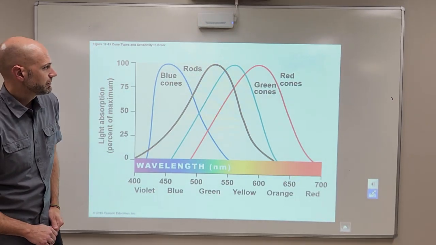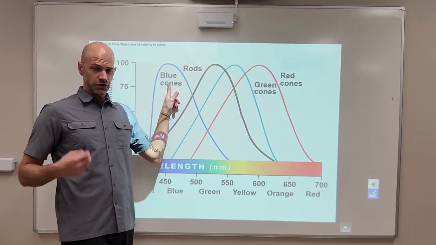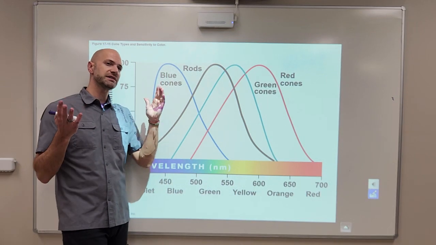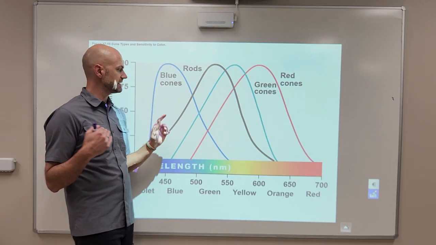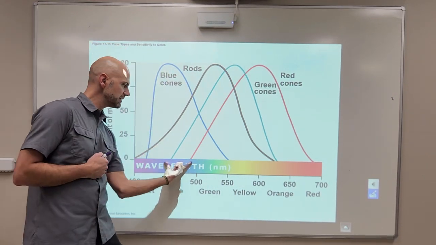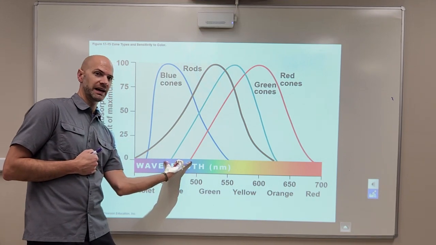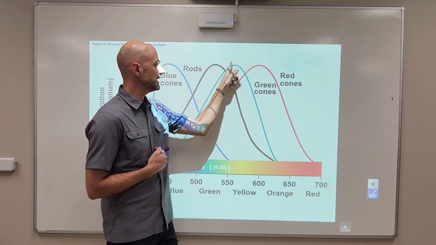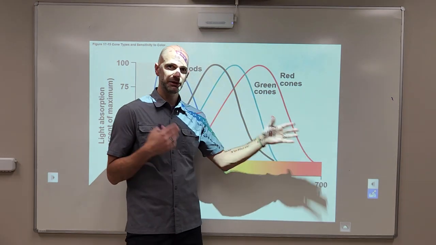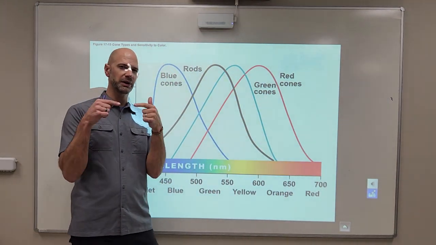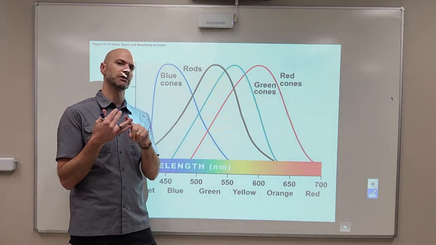If we have blue cones, they're not colored blue, but they are sensitive to blue wavelengths of light. They have an optimal window of wavelength that they detect. And we have ones for green, we also have ones for red. Between those three colors, our brains can interpret yellow, orange, and purple.